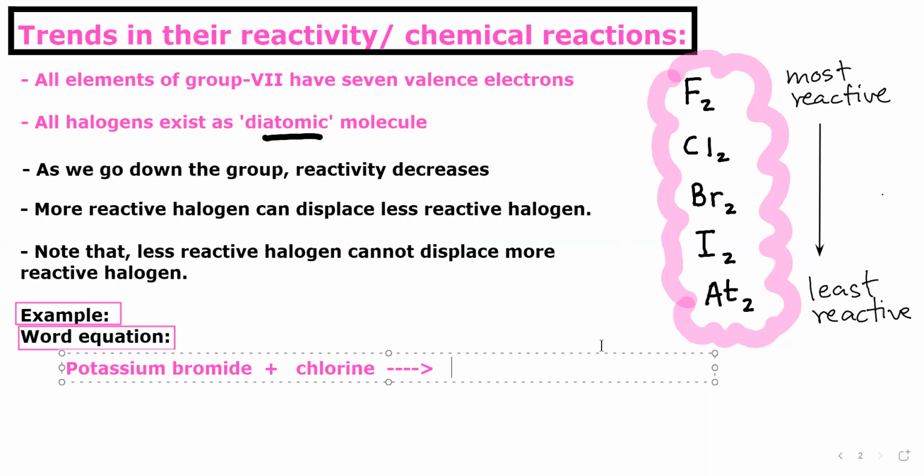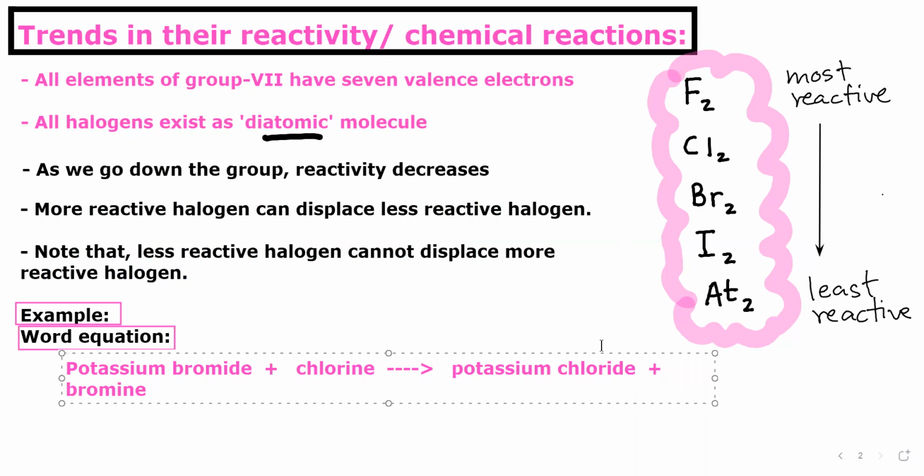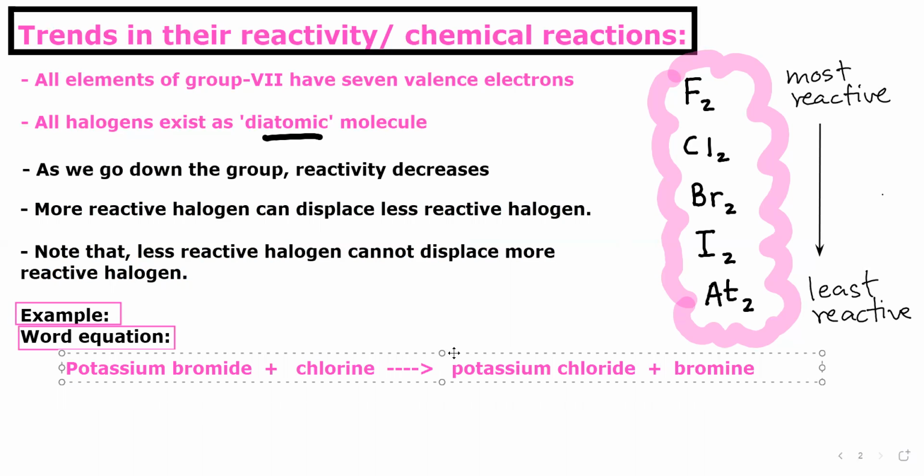It forms potassium chloride plus bromine. What did you observe? That bromine was less reactive than chlorine, right? So chlorine was able to displace it.